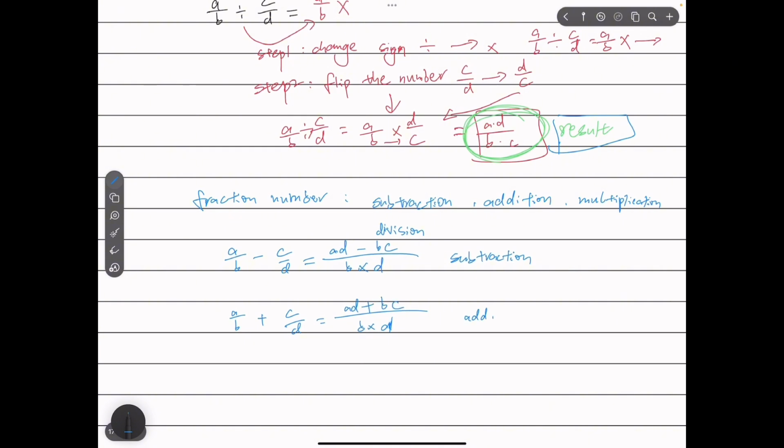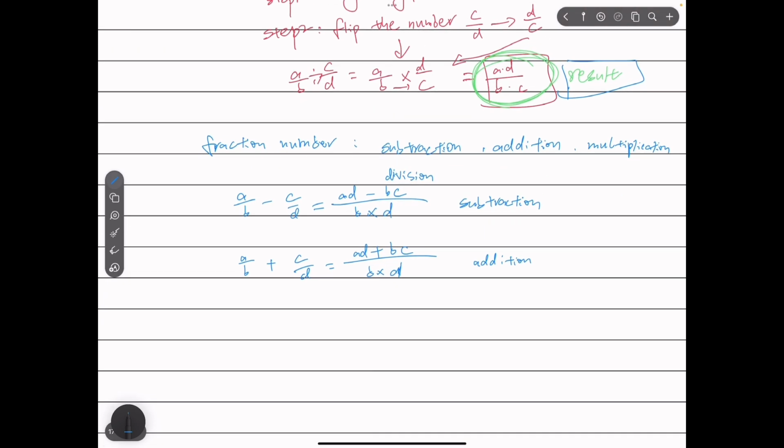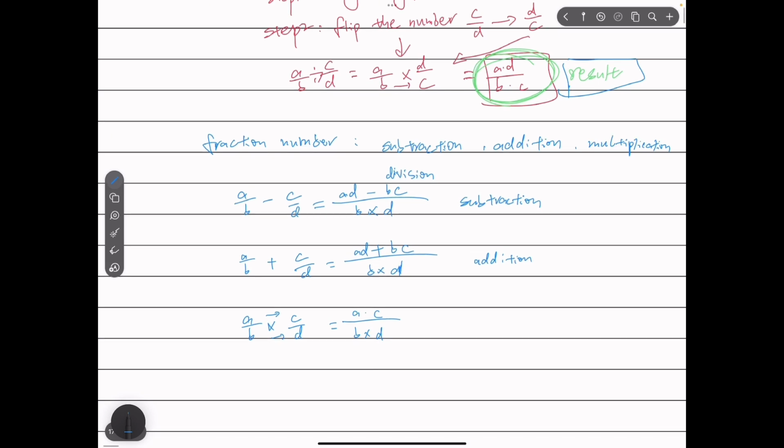That'll be our addition. For multiplication, A over B times C over D, we just do bottom times bottom, top times top: B times D, A times C. That's for multiplication.